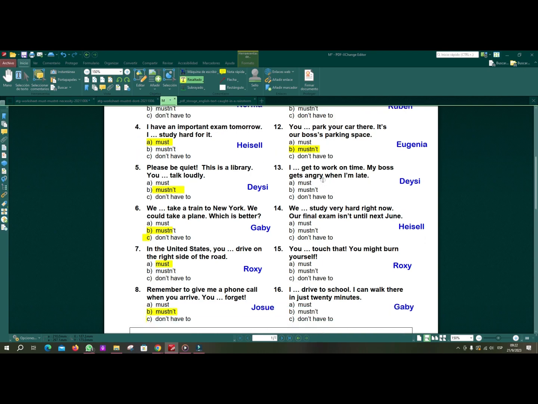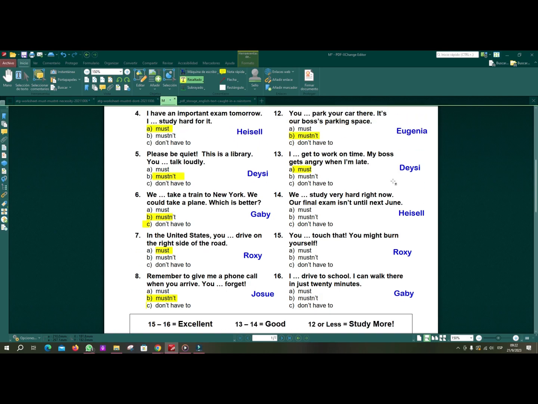13, Miss Daisy. Which could be the answer for that one? Must. Letter A, right? So, I must get to work on time. My boss gets angry when I'm late. Okay, nice. 14, Hazel. Must, let's see.